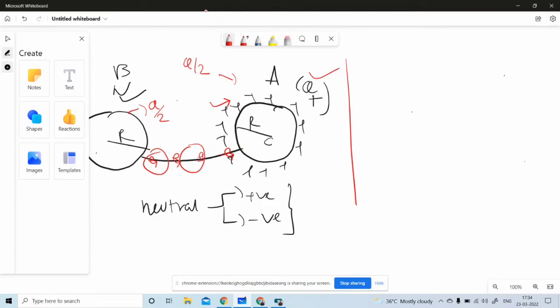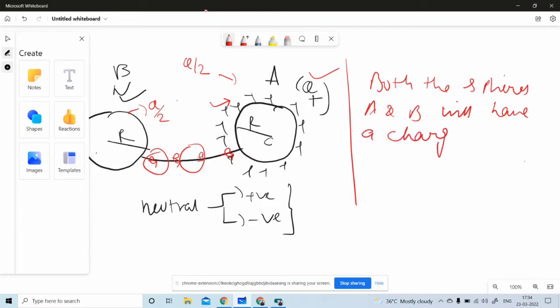Finally, the process will stop once both the spheres A and B have a charge of Q by 2. That means charges will be equally divided.